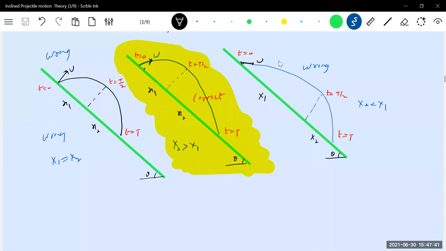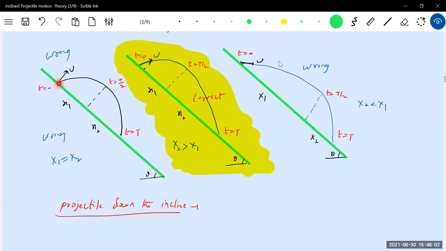That's for the projectile down the incline. So there's a conclusion one has to make. What do you mean by down the incline? You are throwing it so that the ball will go and strike somewhere lower than the point of projection. This is the point of projection, and this is the point of striking. Where the point of striking is below, it's called a projectile down the incline. What actually happens here?